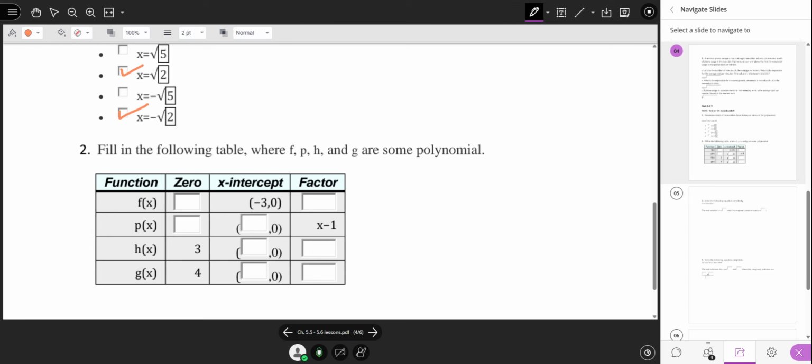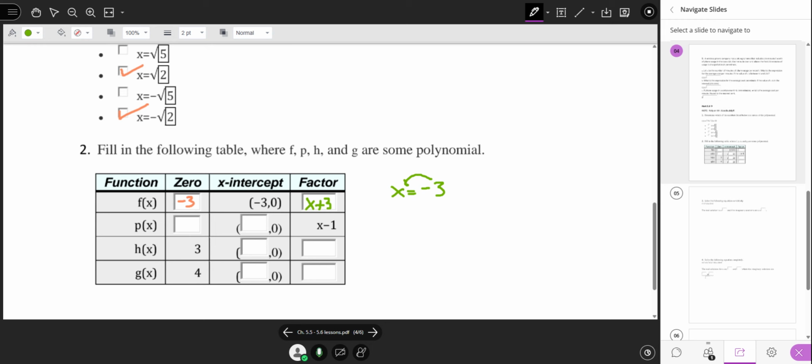Notice zeros and x-intercepts have the same sign. Okay? But then, when I throw the x in there, it changed signs. Why? Because x equals negative 3, when that comes across the equals, it changes to the opposite sign.